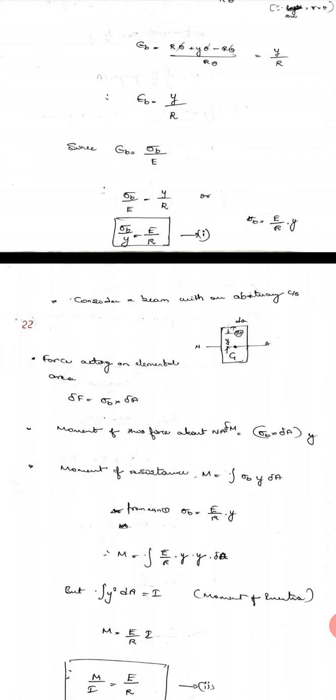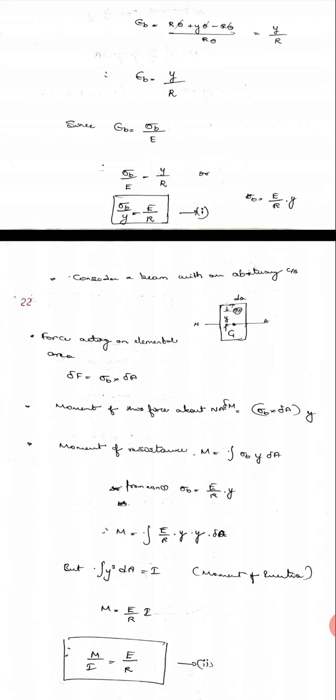The moment of resistance M is the summation of sigma b y dA. From the earlier equation, sigma b is E by R into y. Substituting sigma b, we have the integration of E by R into y dA into y, that is E by R times the integration of y squared dA.